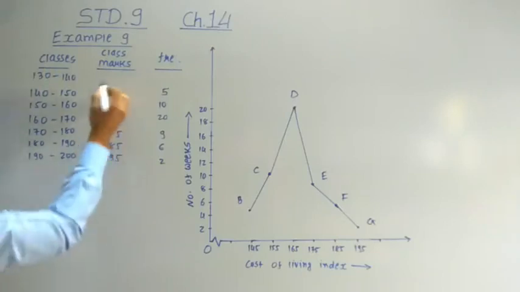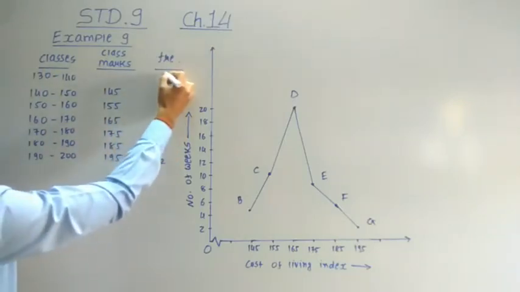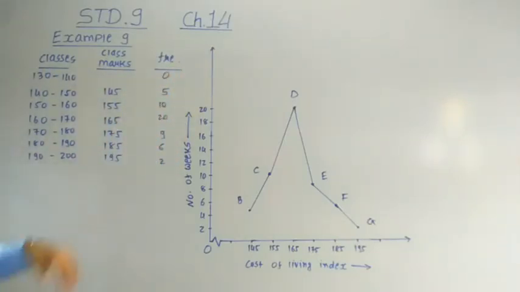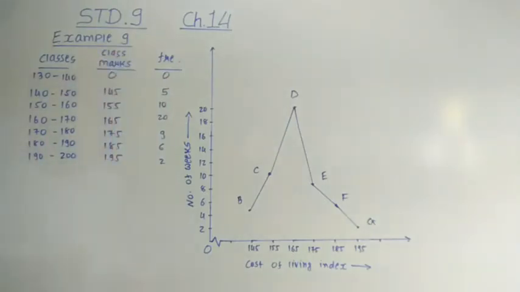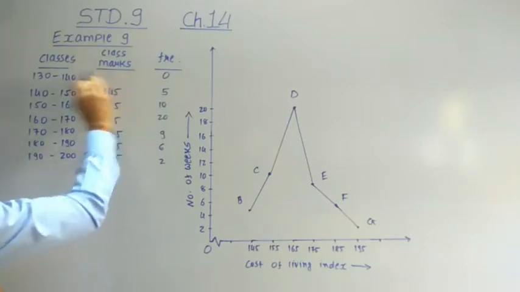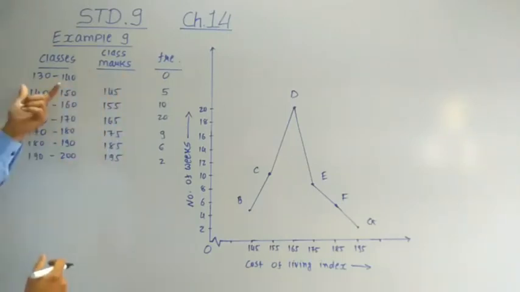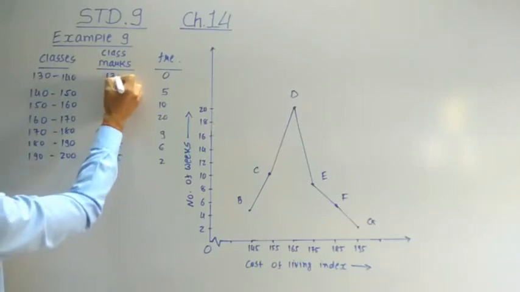Here we do not have a frequency, so we can take its frequency as 0. Class mark means the mid value. The mid value here we get is 135.